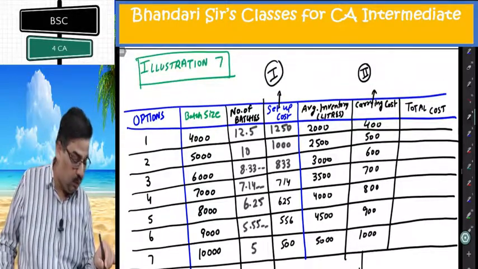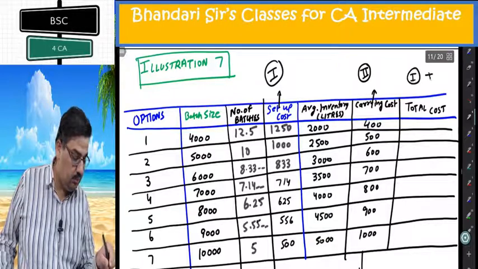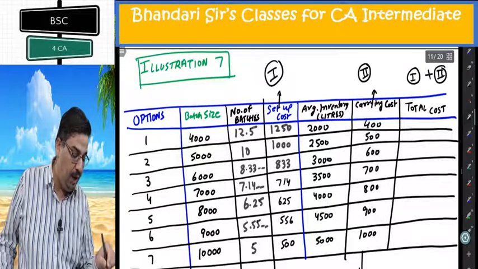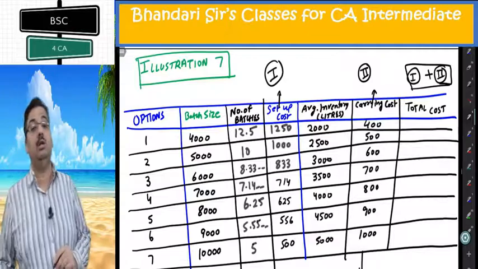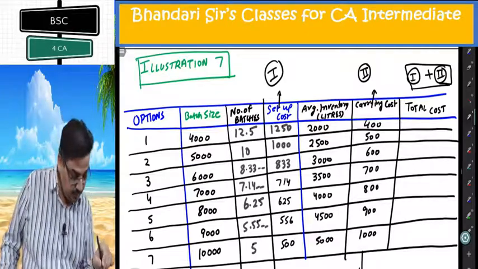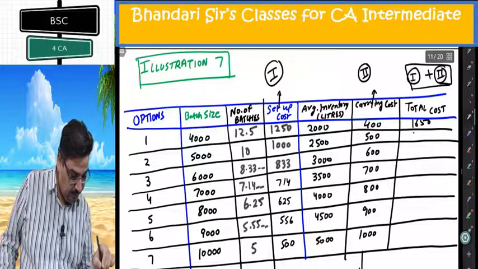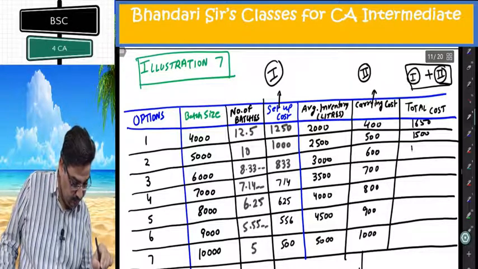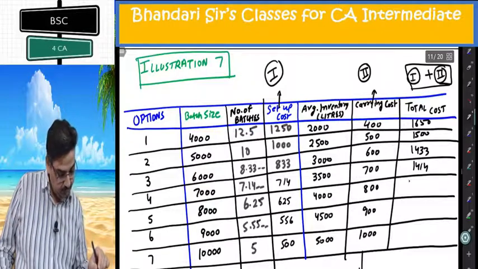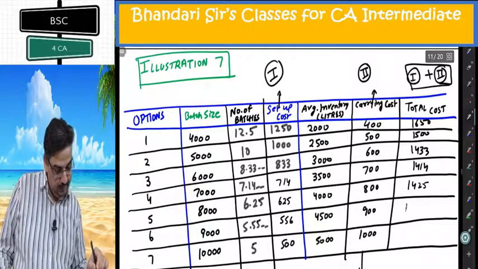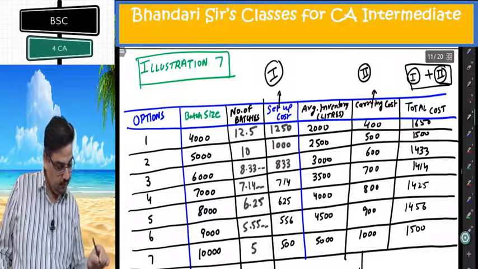1 plus 2 is total cost. Did I apply any formula? No. It is a tabular approach that you study in detail in material costing, EOQ concept again. 1650, 1500, 1433, 1414, 1425, 1456, 1500.